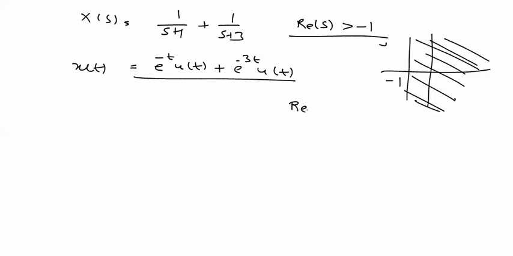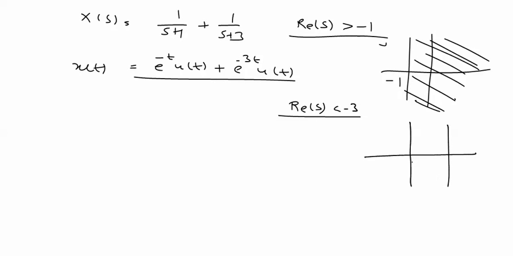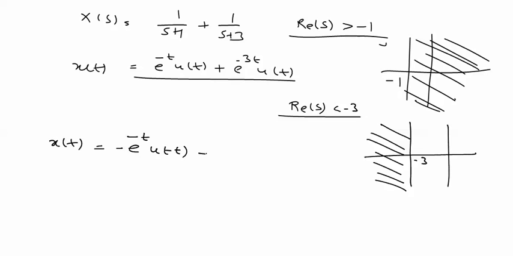If I consider the second ROC, which is less than minus 3, we have to modify our answer accordingly. Now the answer is e power minus t u of minus t, minus e power minus 3t u of minus t.